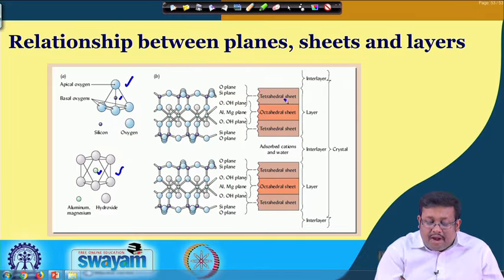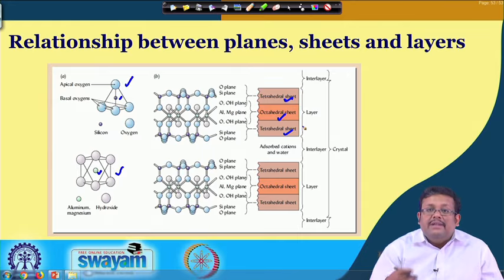So, obviously, one tetrahedral sheet, one octahedral sheet, and another tetrahedral sheet. The octahedral sheet is sandwiched between tetrahedral sheets, followed by another repeating unit. You know that inside a clay structure, this unit cell will repeat itself to form a total clay crystal.